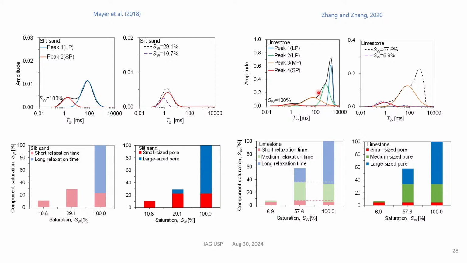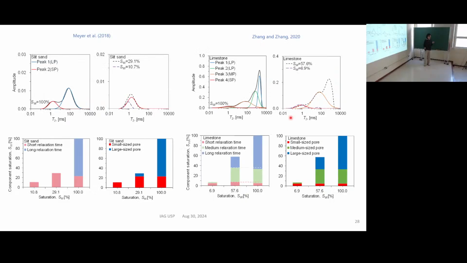And such an interpretation framework can essentially be directly applied to the field to help us further constrain our field water content distribution interpretation. Imagine that if we use this in the field, then we can very confidently say that this part is coming from lower saturation.